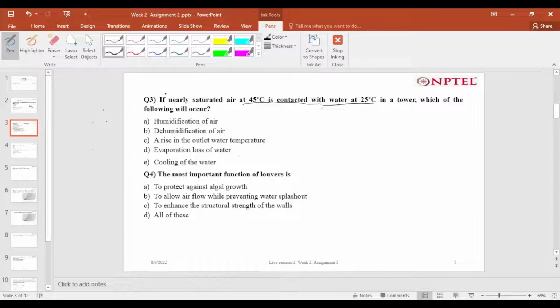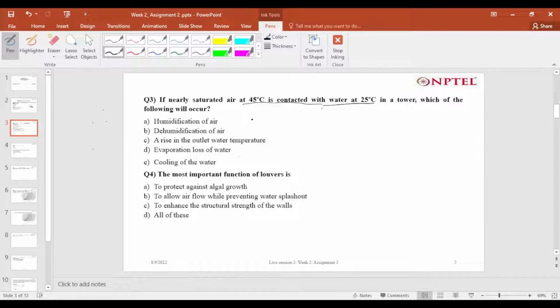Humidification of water? No. Air at 45 degrees Celsius is hot air, contacted with 25 degrees Celsius water, which means cold water.